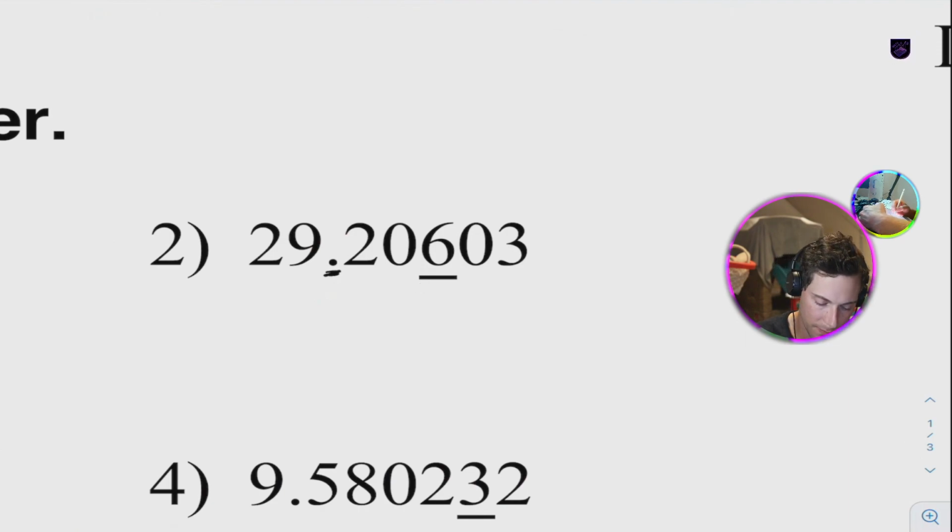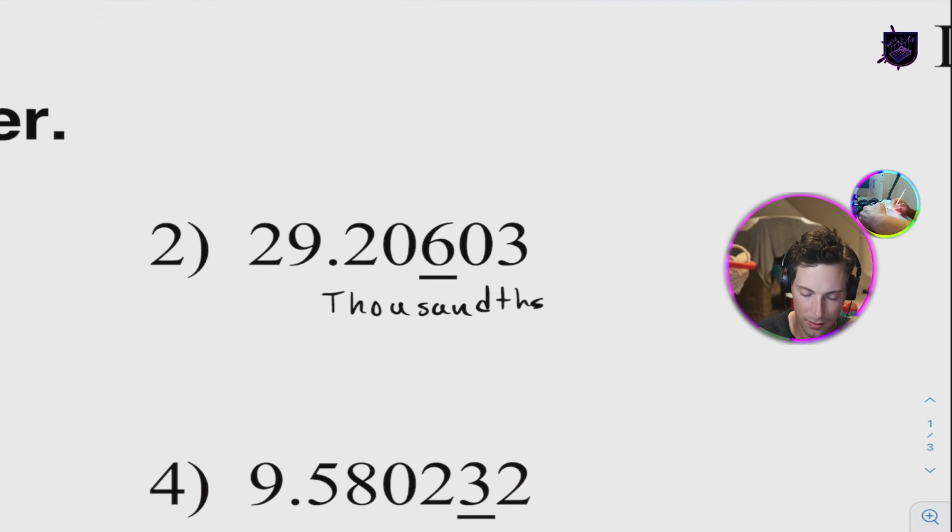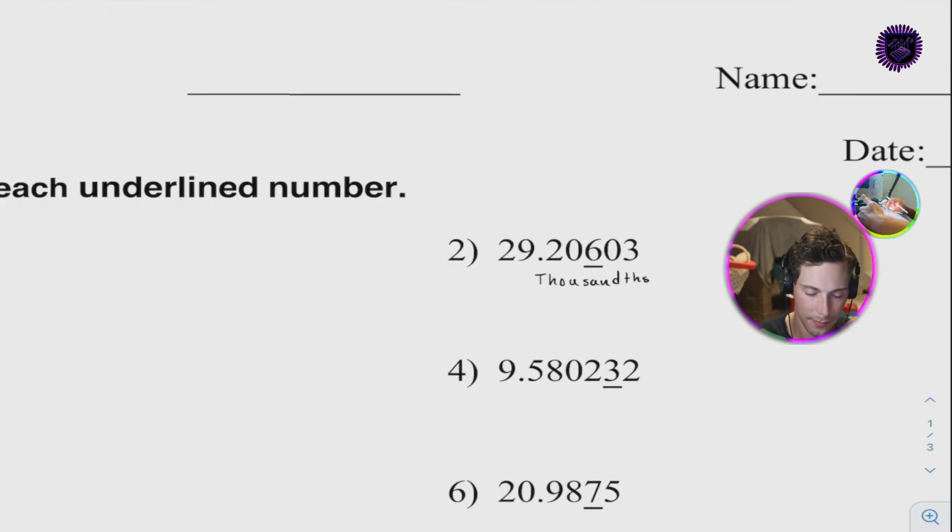So we are thousandths. Sorry for my penmanship. So this is thousand, and this is thousandths. THS on the end. Thousandths.